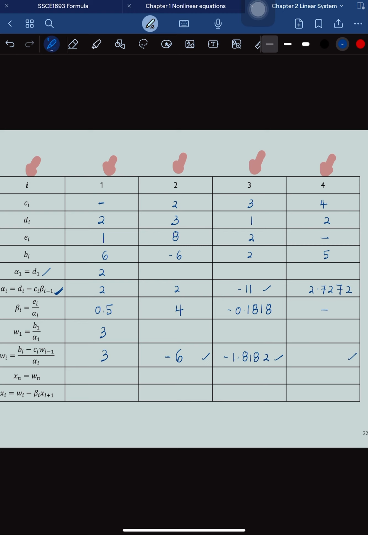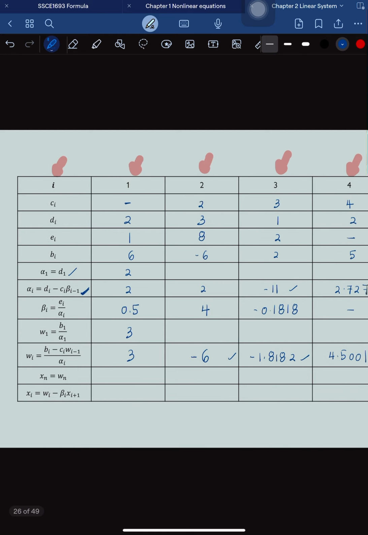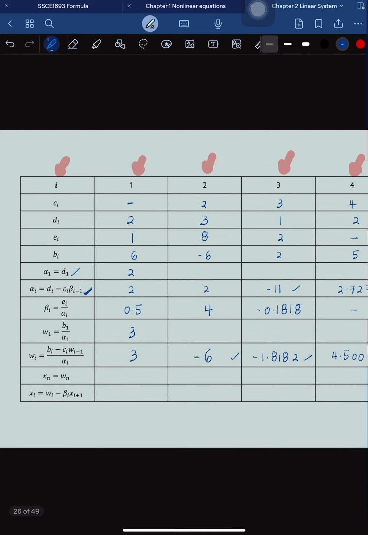Now here, B4 is 5, with C4 is 4, and then W3 negative 1.8182, divided by alpha 4, 2.7272. So we get 4.5001.